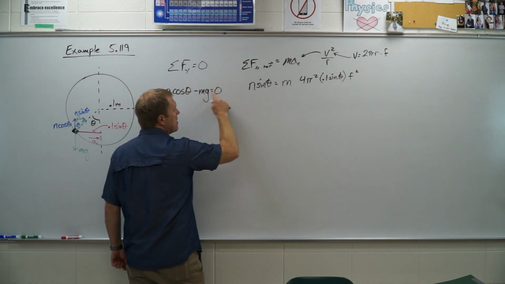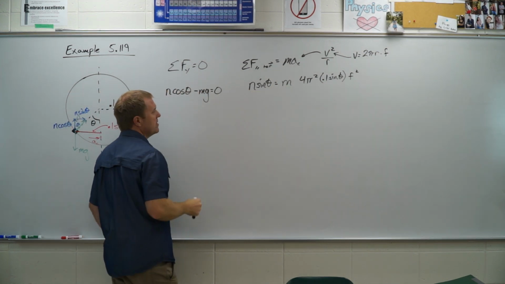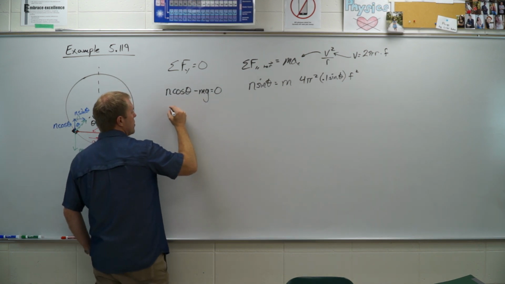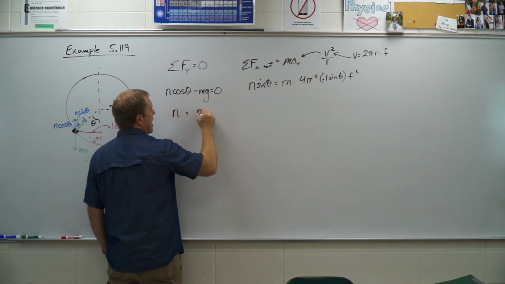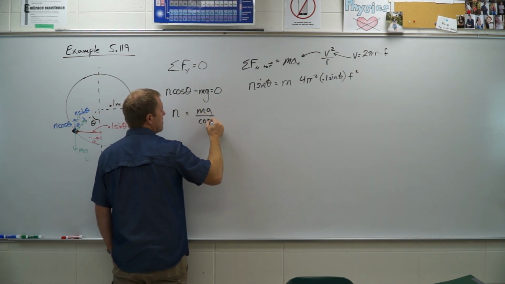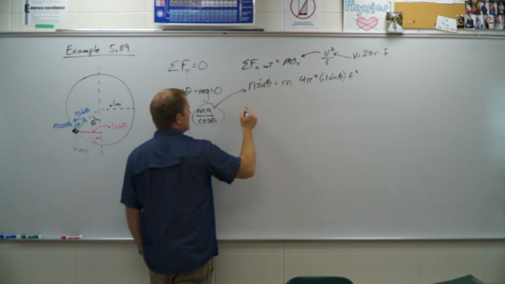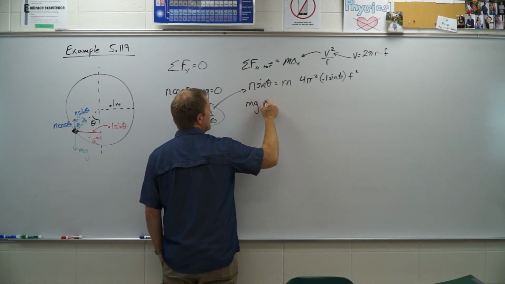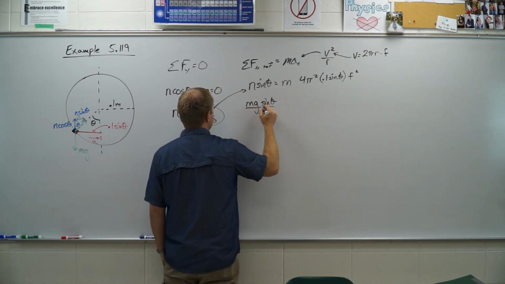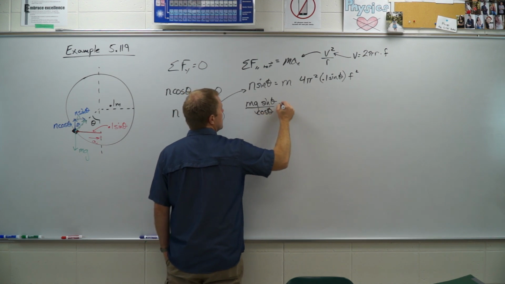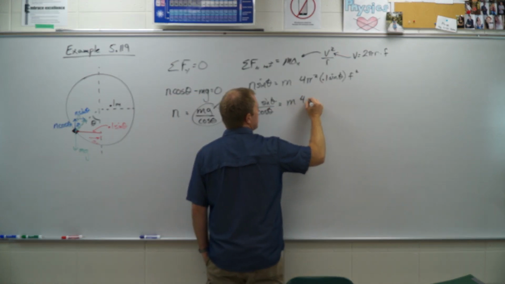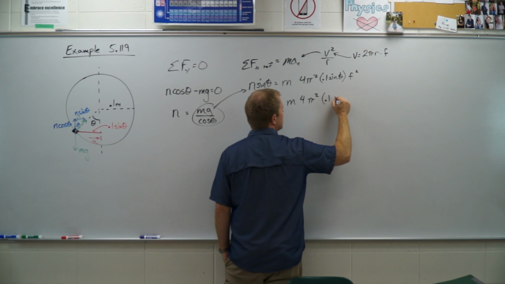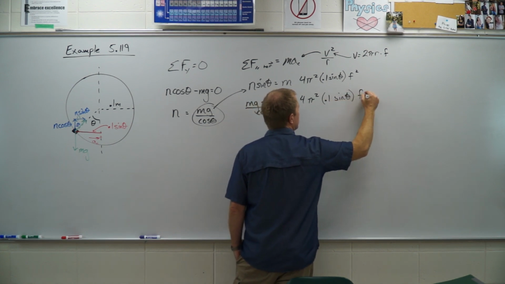I see an m and an m, and an N and an N, so let's start by getting rid of those. If I solve for N over here, I get mg divided by cosine theta. I can make that substitution over here. So I have mg sine theta divided by cosine theta equals m times 4 pi squared times 0.1 sine of theta times frequency squared.